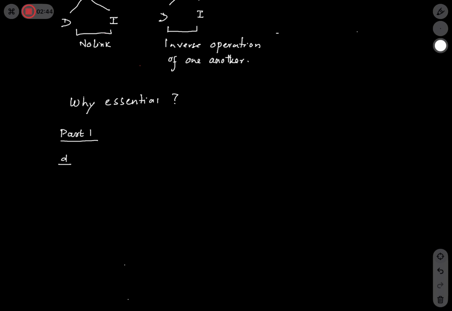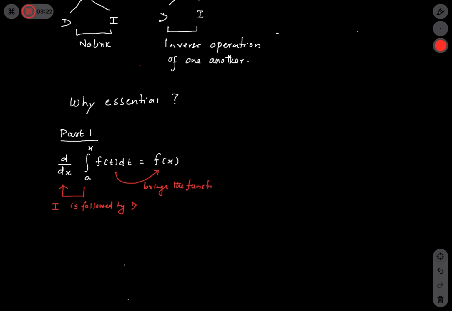So that is d by dx of the integral from a to x of f(t) dt equals f(x). So integration is followed by differentiation and brings the function back to itself.